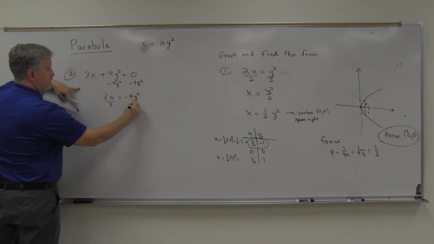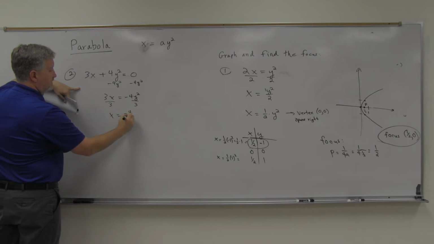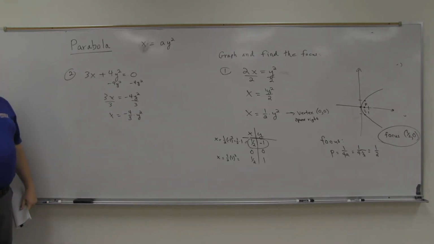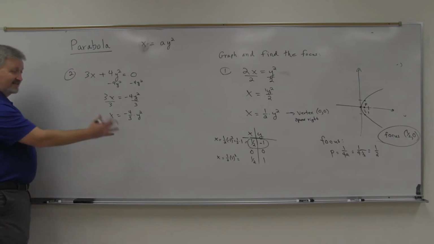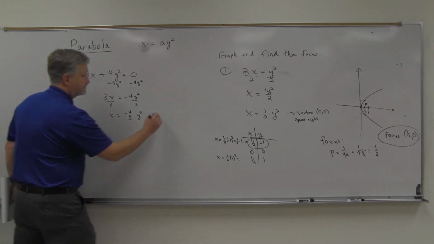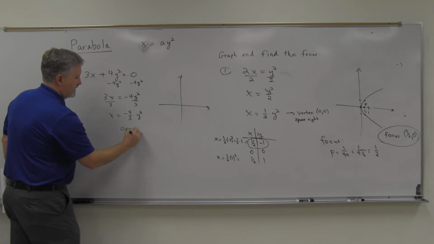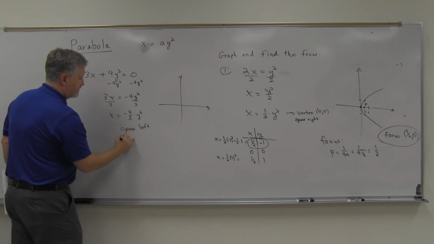Divide by 3. X equals negative 4/3 y squared. So the a is negative 4/3. So which sideways is it, right or left? It's a left sideways, right? So it opens left. It's not shifted, so the vertex is 0, 0.